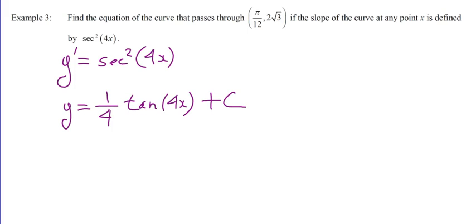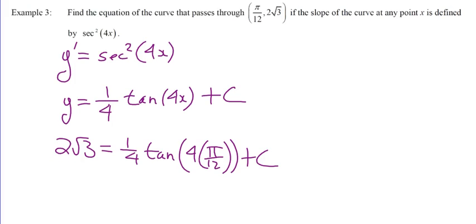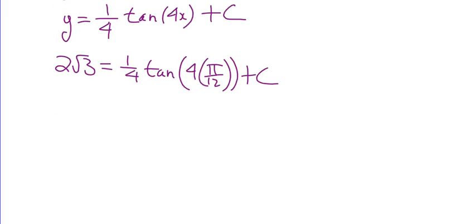Because we have information, right? We know that y is equal to 2 root 3 when x is equal to pi over 12. So we can now solve for c, getting the equation, right? So basically we're given the derivative and a piece of information.